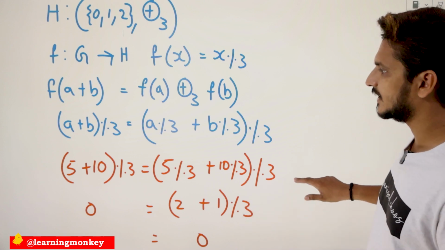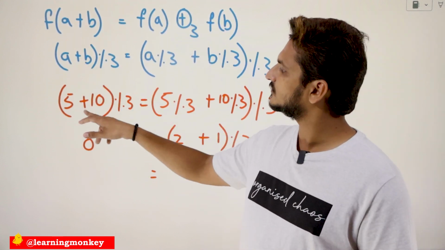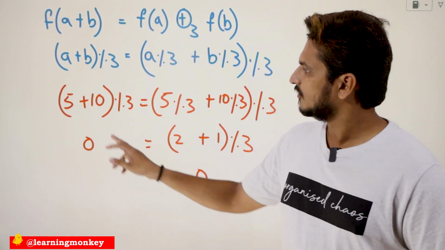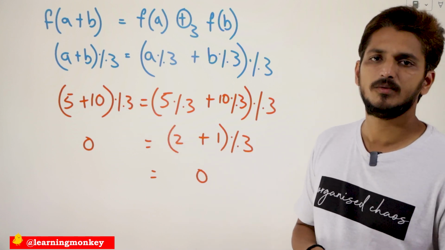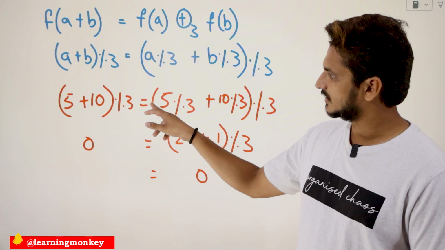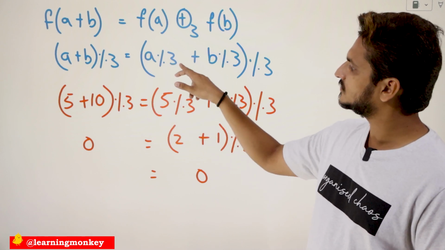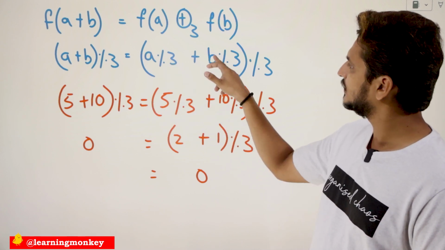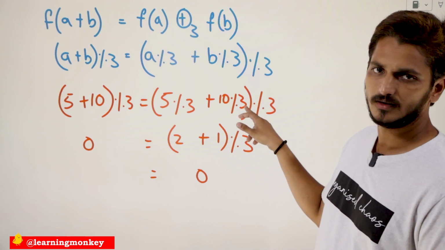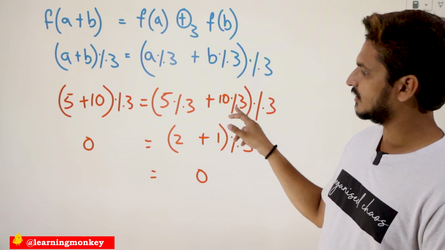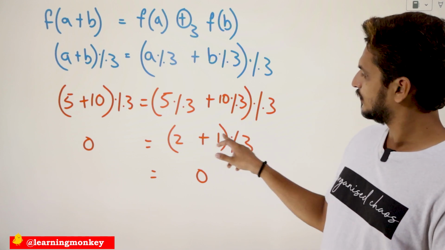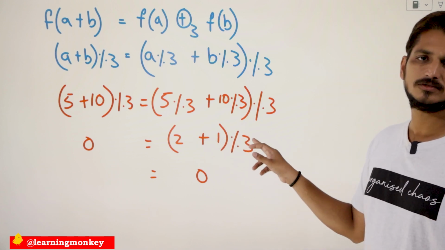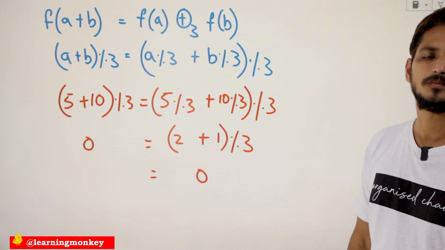Let's check one example. Let's take a, b as 5, 10. 5 plus 10 modulo 3 means 15 modulo 3, which is 0. That should equal 5 modulo 3 plus 10 modulo 3. 5 modulo 3 is 2, and 10 modulo 3 is 1. 2 plus 1 modulo 3 means 3 modulo 3, which is 0.